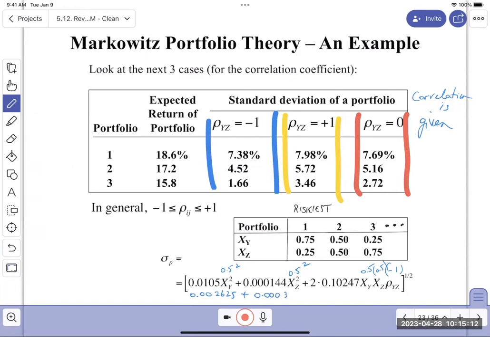0.000036. And the last piece is negative 0.025617. Now put all those together.